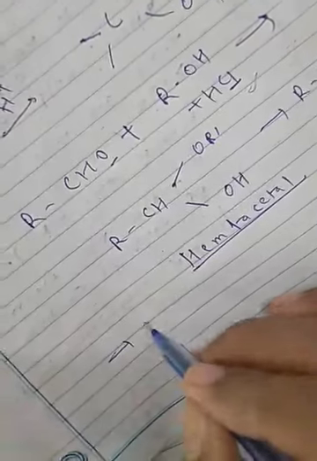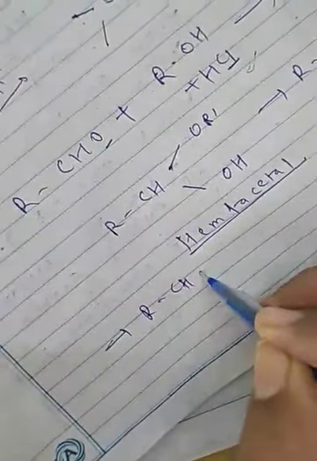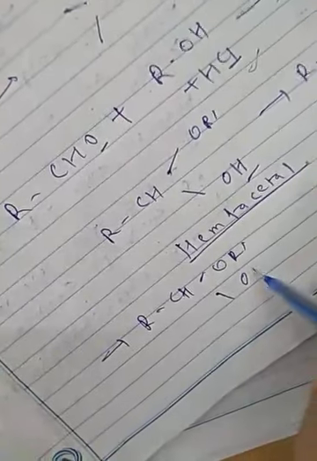And the final product I am showing you: RCH(OR dash), and again H proton is removed and you get H2O. So this is called the acetal. So addition of alcohols.